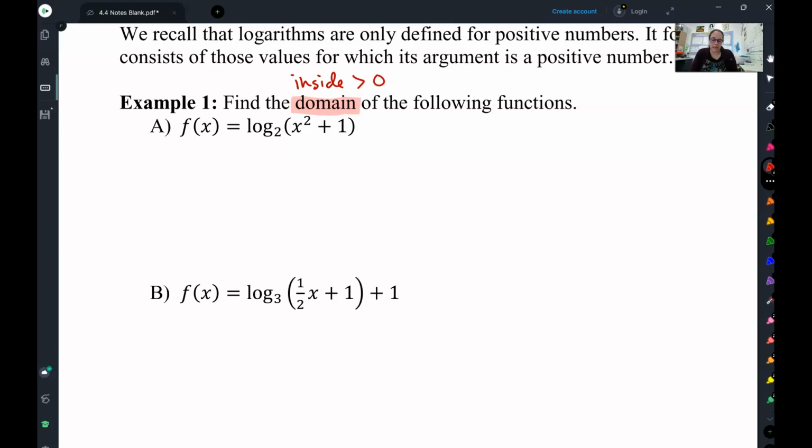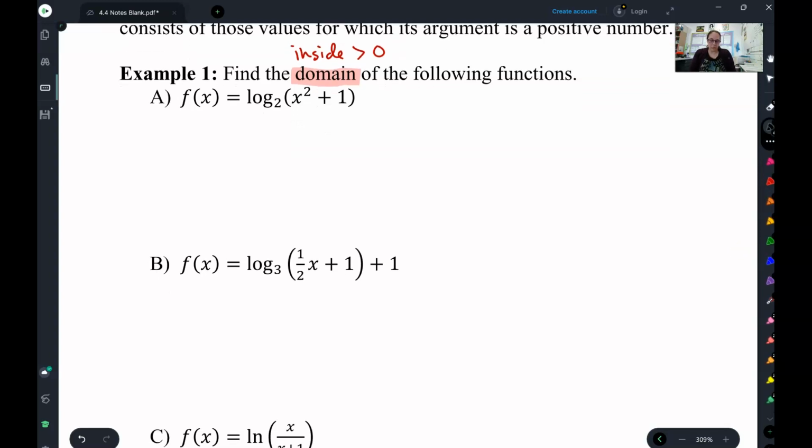We don't want any negatives in here. So the inside, I'm actually going to do B first, must be greater than 0. And now we solve.